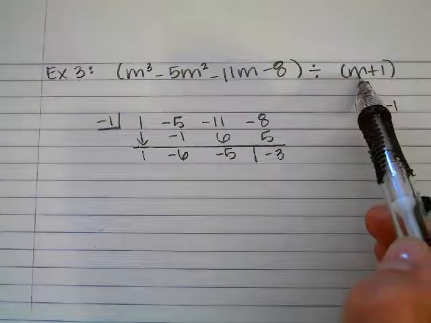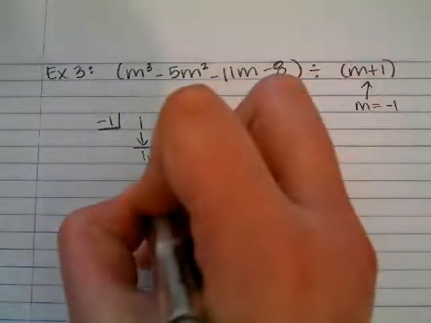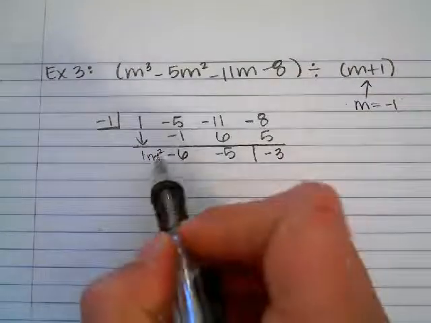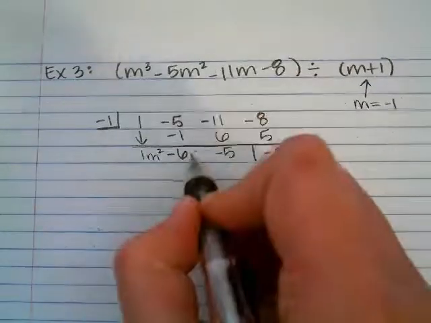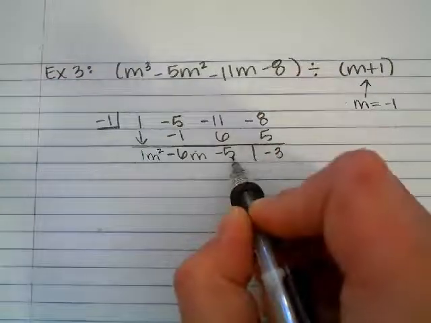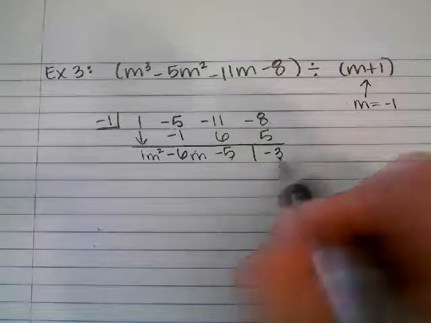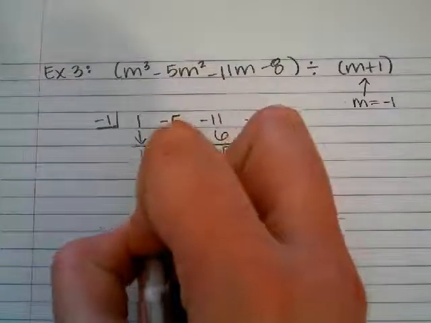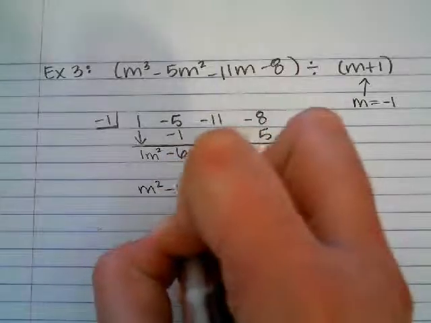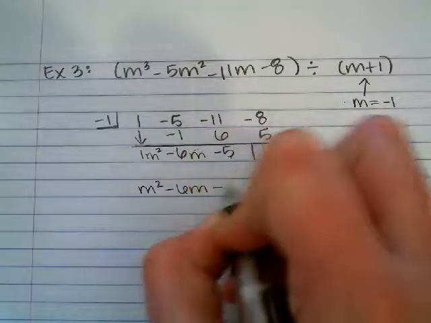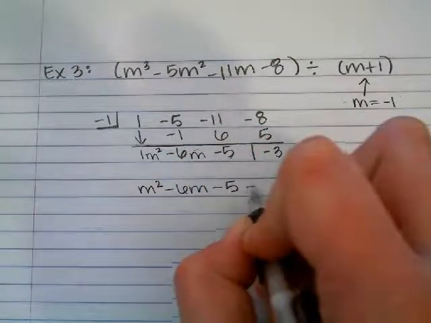And then we're going to drop it down by 1. So m squared, m, no m. And then there's our remainder, so this is going to be our fraction. So we're going to have m squared minus 6m minus 5 minus 3 over m plus 1.